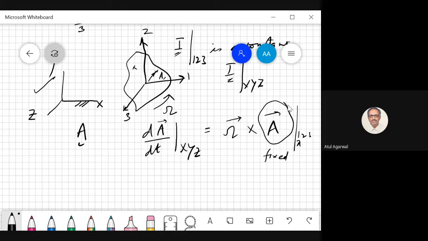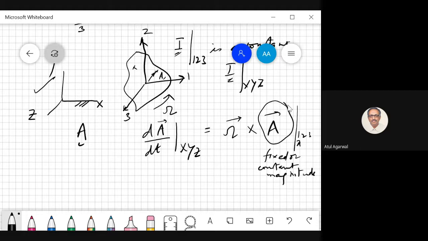It has a constant magnitude. So this vector is constant in this coordinate system, while it is rotating with respect to the other coordinate system.